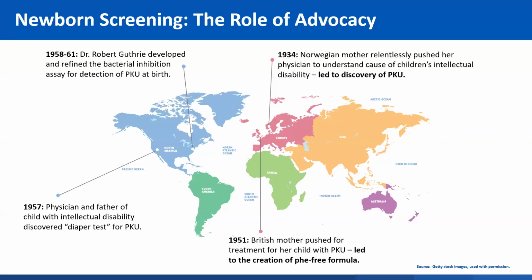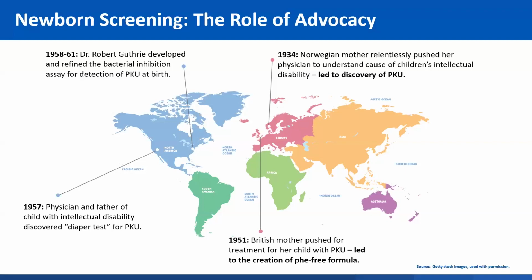So for newborn screening and phenylketonuria, or PKU, this beginning really highlights the remarkable role of advocacy. If we look at the advent of newborn screening for PKU, we can go back to 1934, when a Norwegian mother fought to understand the cause of her children's developmental delay, leading to the discovery of PKU as a disease.